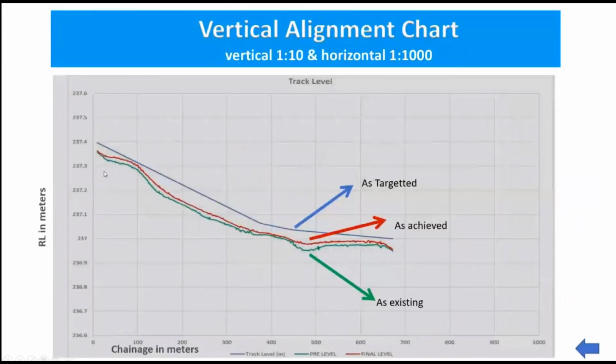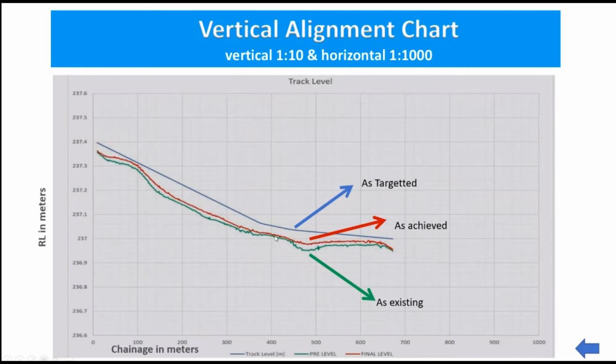Say, like this is the alignment which has been achieved on South Central Railway, and this is the designed one. Blue color is the design profile, the designed alignment, existing is shown with the green, and red is after one round of tamping.